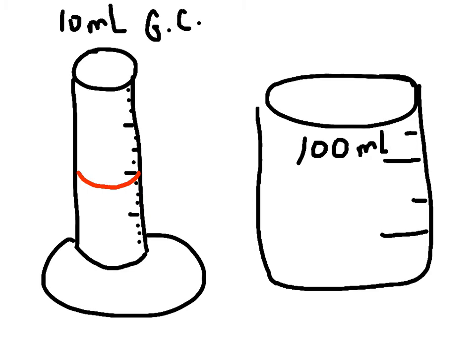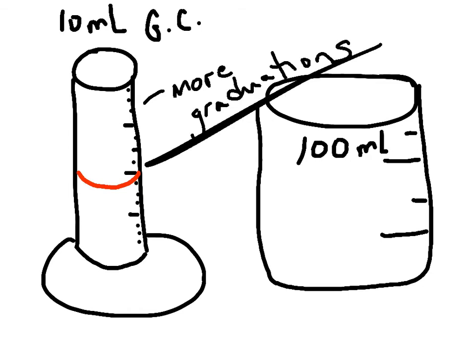What we would see is that a tool like a graduated cylinder gives us a more accurate reading because there are more graduations. So if we wanted to have better accuracy in our readings, we would use the tool that has more lines for us. Beakers are better for measuring larger quantities, larger volumes, where we don't need great accuracy.